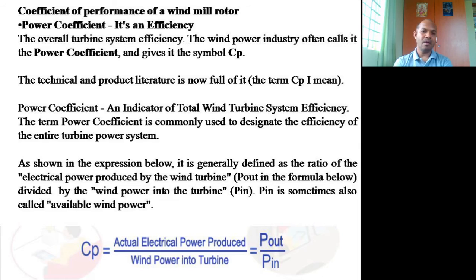After taking so much care and with sophisticated designs, that is what we can achieve in converting wind energy into electrical energy. It is restricted to a maximum of 50% at peak wind speed.